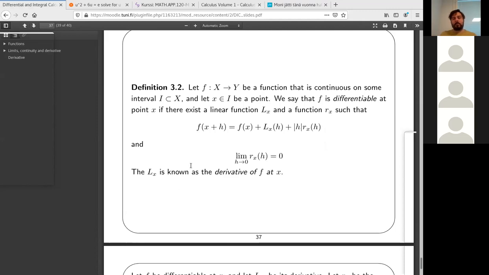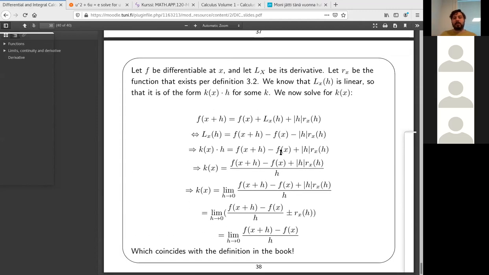Well, one of the reasons is that we want this limit to exist, right? And the limit as h approaches 0 must exist at that point x. So it means that the limit as x plus h approaches x must exist. And it must be the same as the value of the function.